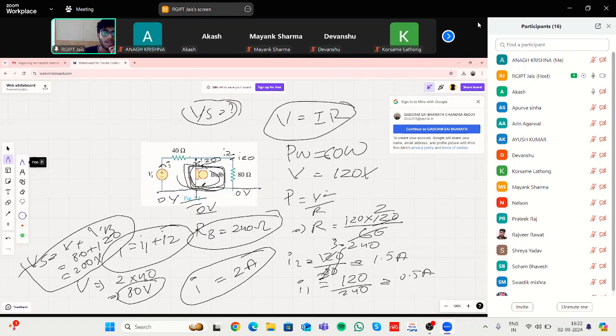Yeah, you can also do that, but as this is a tutorial session, and to introduce the concept R is equal to V square upon P, I've used this concept. Otherwise, you can also do that. To get the equivalent resistance, you have to find this, right? So to find the resistance of the bulb, you have to know this formula. So to introduce you to this formula, I've used this approach.